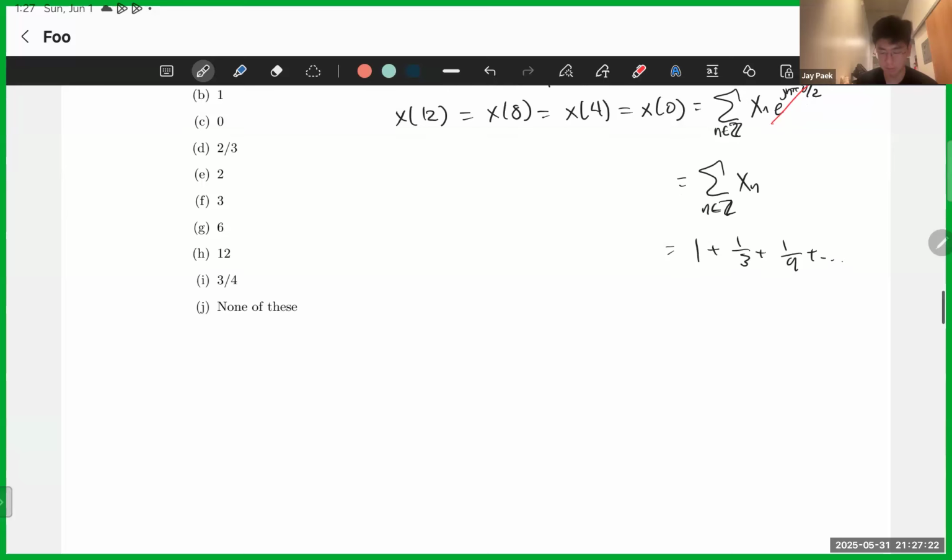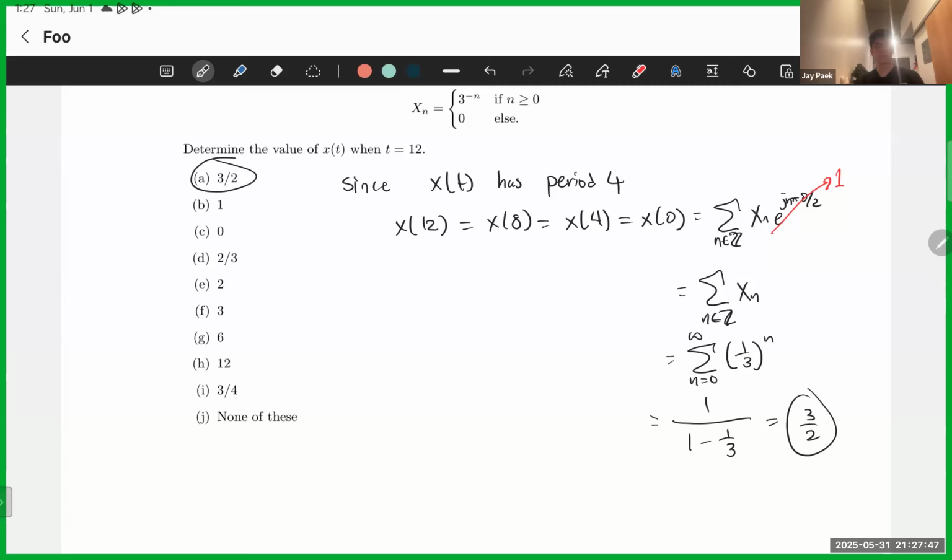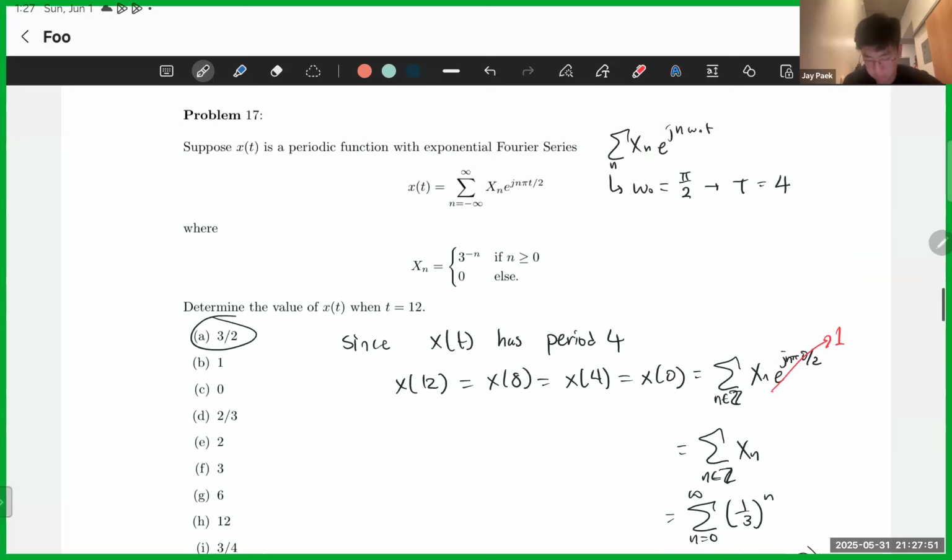Clearly, this is a geometric series, and so the sum is equal to 1 over 1 minus the ratio 1/3. And so this is just 3/2. Voila. That's how I would do this kind of question.